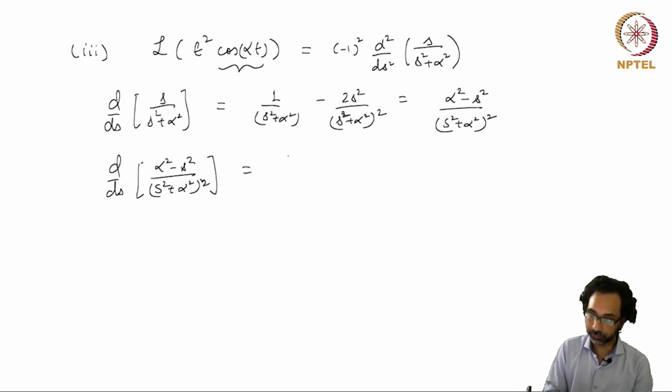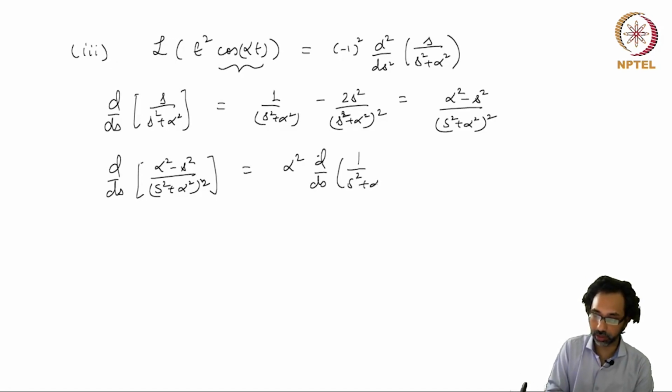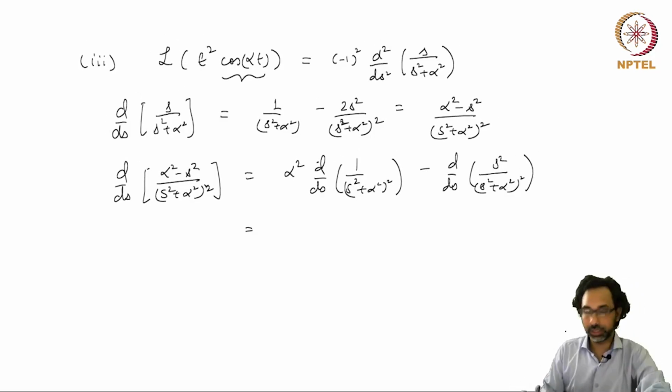this is given by, so we can do it term by term. So the first is the derivative of 1 over s square plus alpha square whole square, and then the other term is the derivative of s square by s square plus alpha square whole square. So now let's differentiate this again term by term.